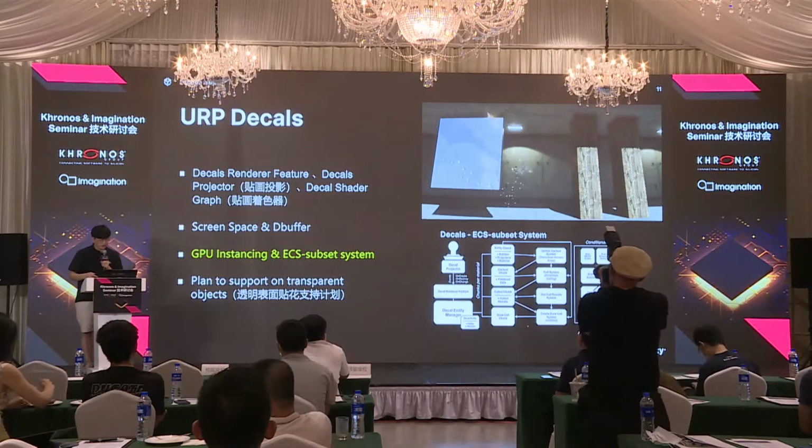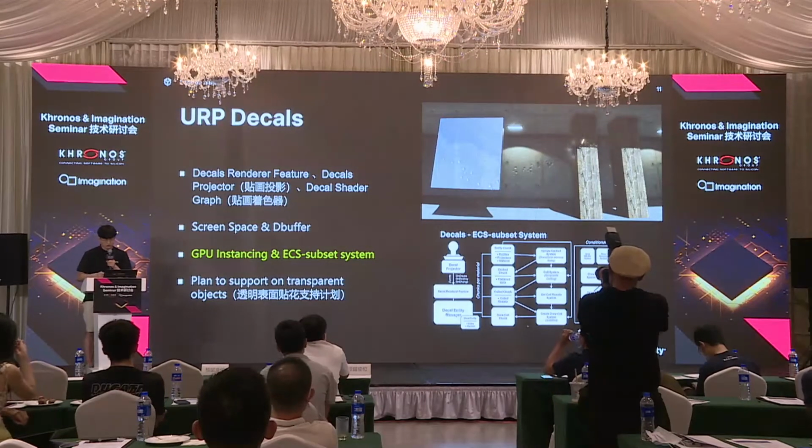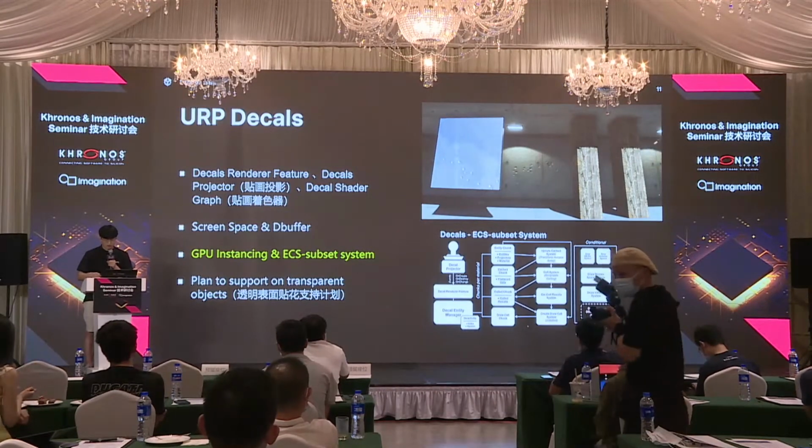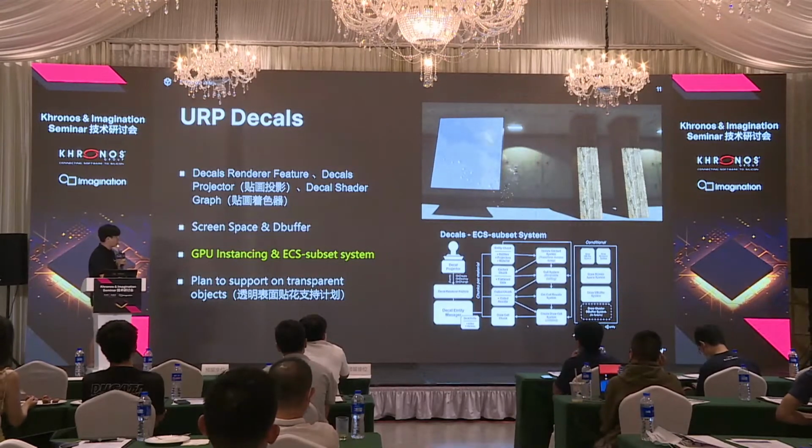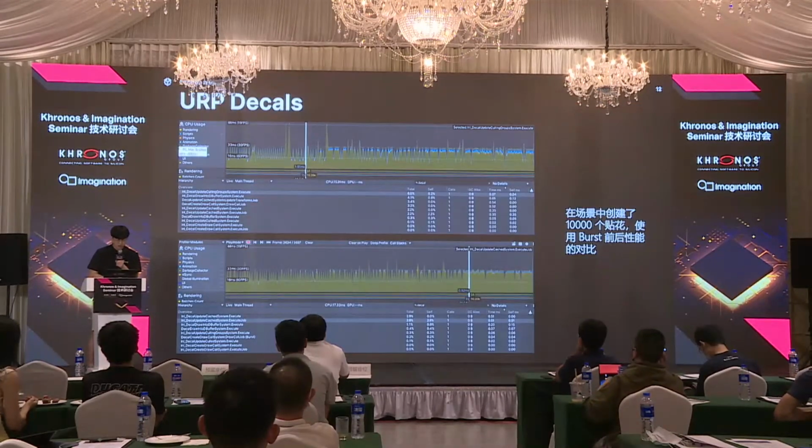And apart from that, the URP decal system uses an approach similar to ECS. So if it is used together with Jobify and Burst, the performance would be even better.